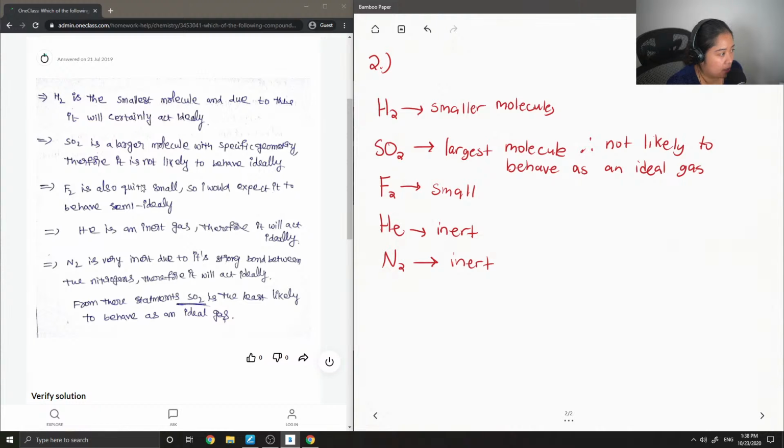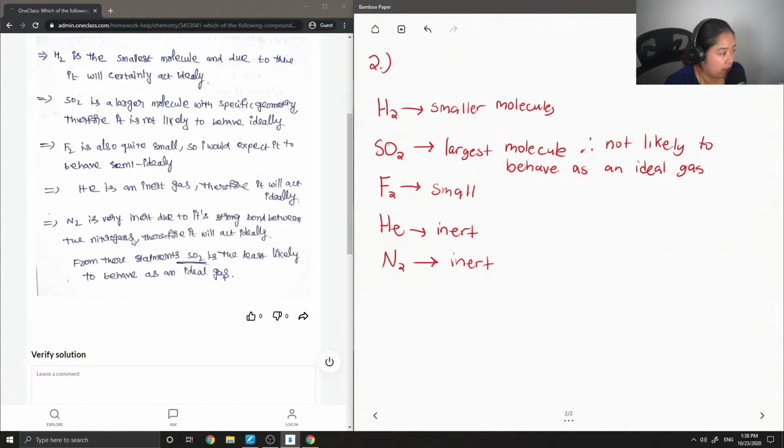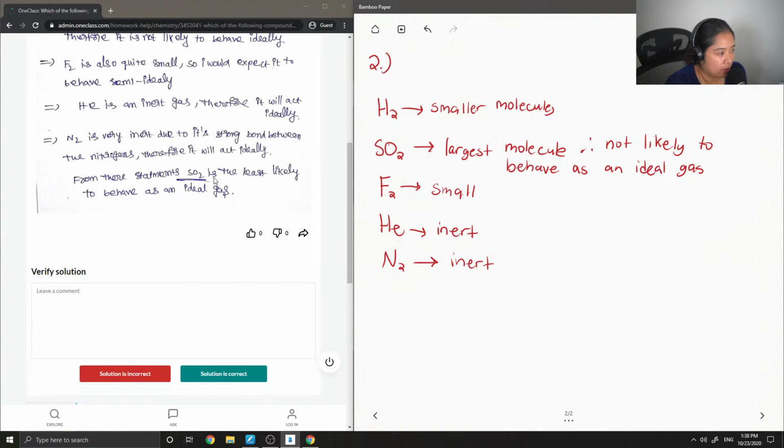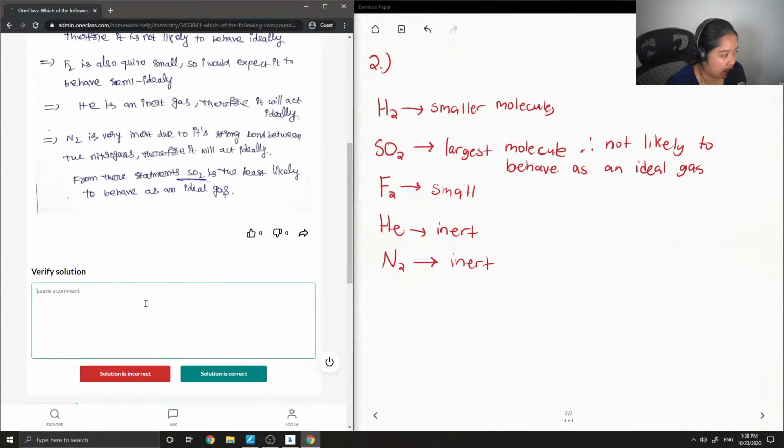I would expect it to behave semi-ideally. Helium is an inert gas. Nitrogen is very inert due to its strong bond between the nitrogens, therefore it will act ideally. From these statements, SO2 is the least likely to behave as an ideal gas. So this solution is correct.